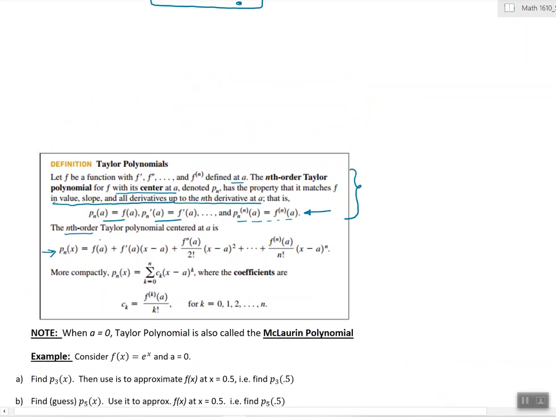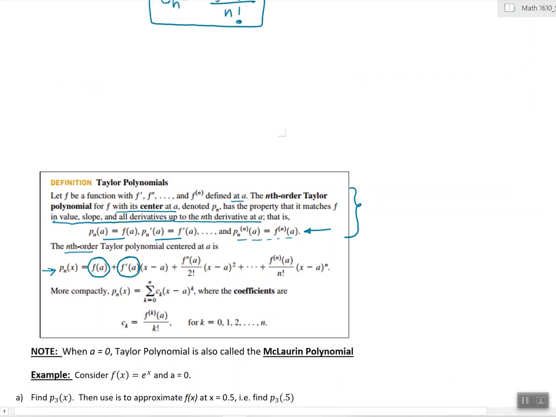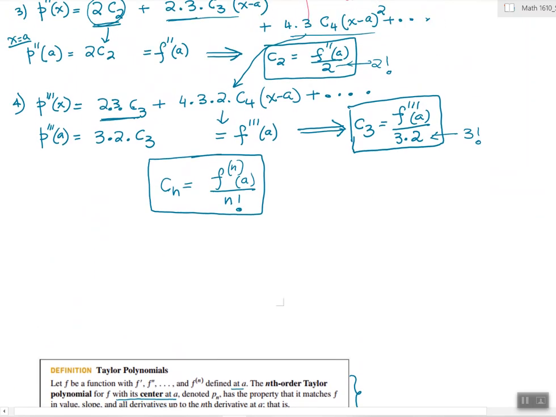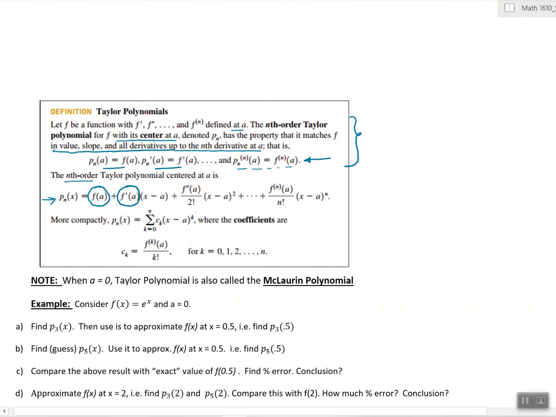Notice that this is c0, this is c1. We just saw that above, right here. This is c2, and so on. And finally, we write it in a very compact manner as follows. So now you have to be comfortable with it, and you have to remember this.